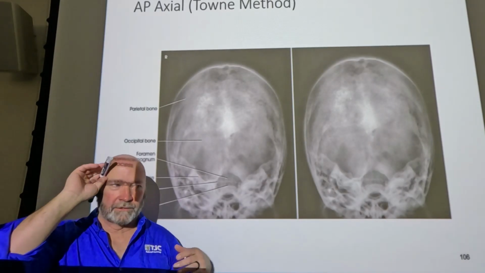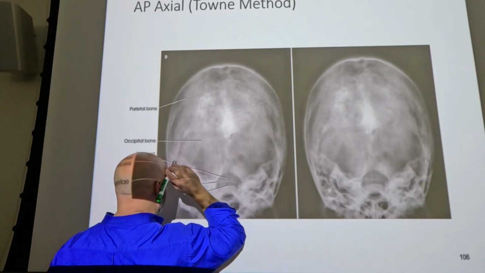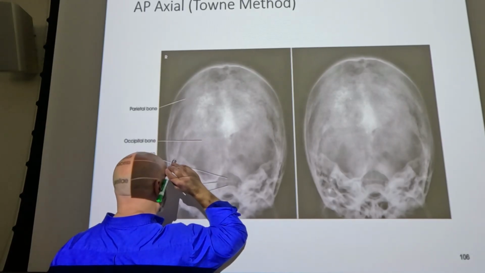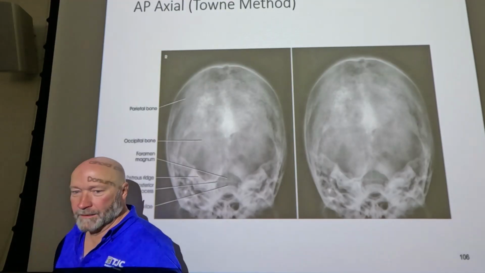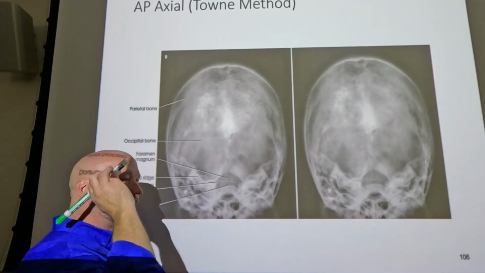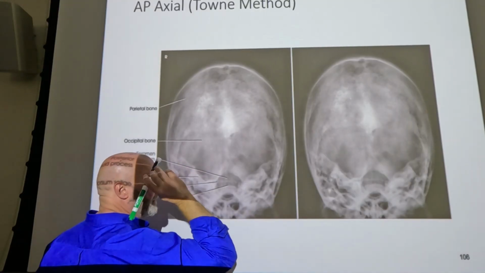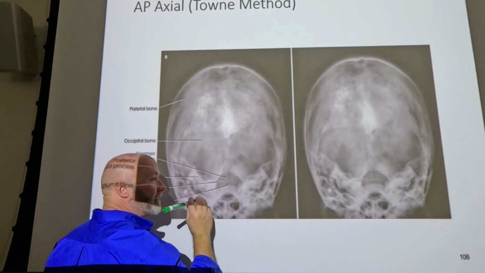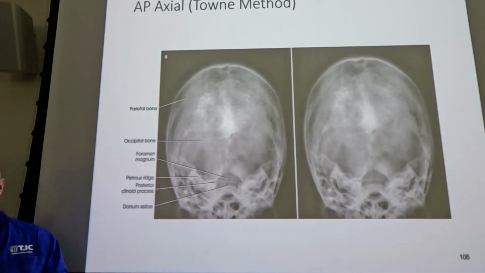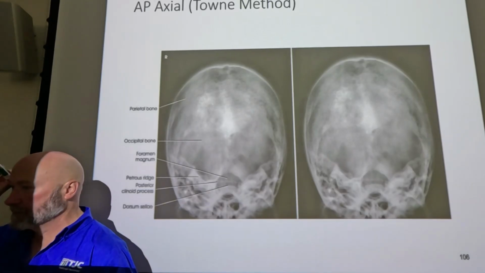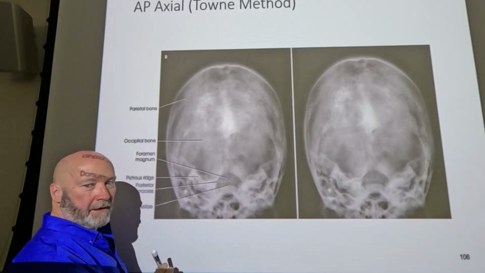So if we reverse that, what are we going to do? You would think so. But if we used a 30-degree cephalic angulation, the images are going to look identical to this, by the way. What would we call that? If this is a Towne, this would be a reverse Towne, right?